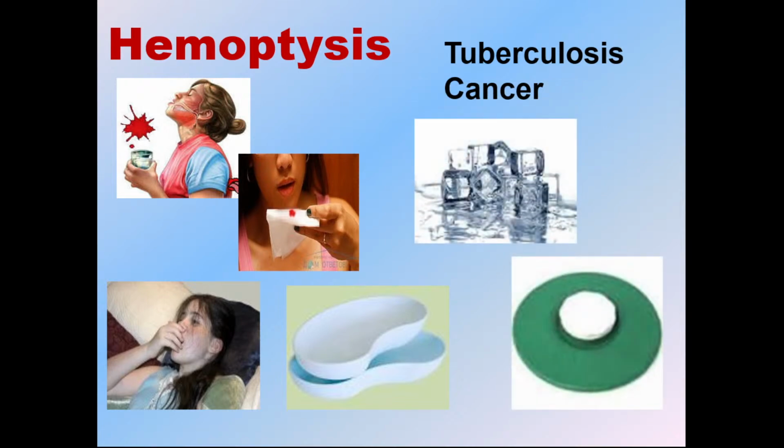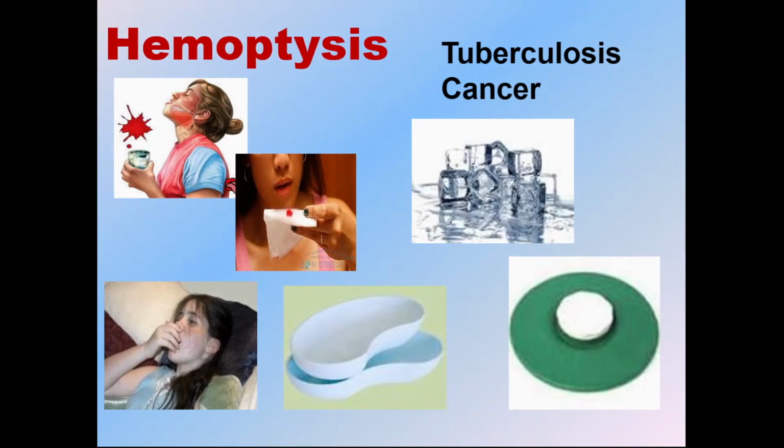And if you remember the last lecture when we spoke about simple procedures, in case of bleeding, we'll use a cold procedure, more effectively an ice bag, and we'll use some pieces of ice or very cold water.